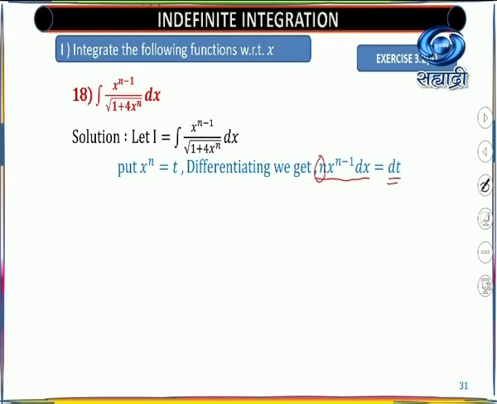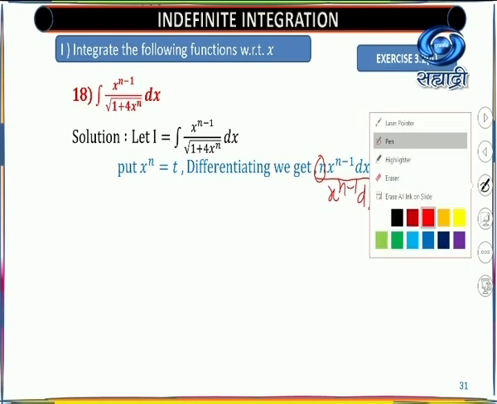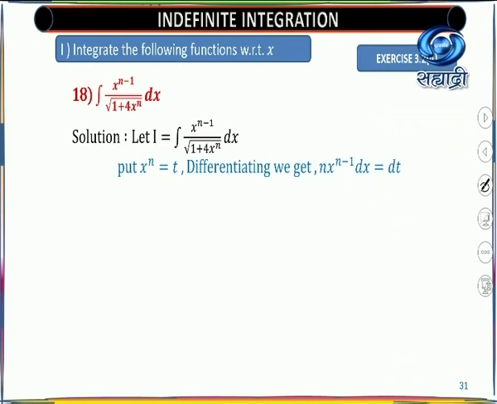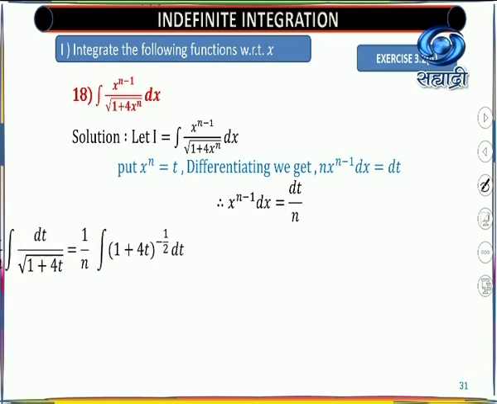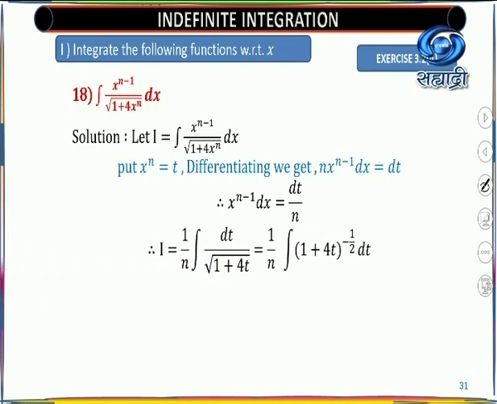That means n is not there, but we are able to write this as x raised to n minus 1 dx equal to dt upon n. Okay, so that is very easy to substitute again. So x raised to n minus 1 dx equal to dt upon n, so 1 upon n, because you are having dt upon n, here is the substitution.